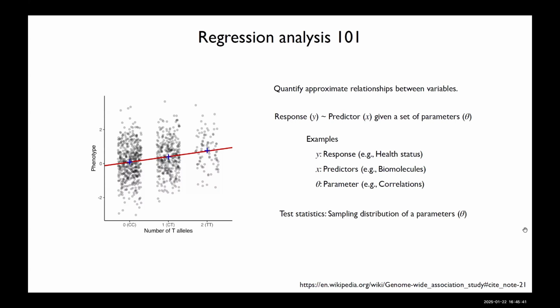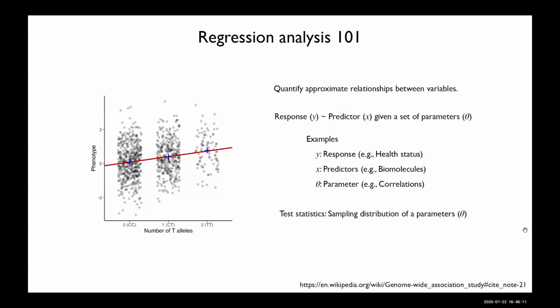And you can apply the regression analysis idea to the problem of the genome-wide association study. For example, in that case, we would consider one's health outcome, whether one is healthy or one has a disease, as the response, and the number of genetic variants at a particular position as the predictor.